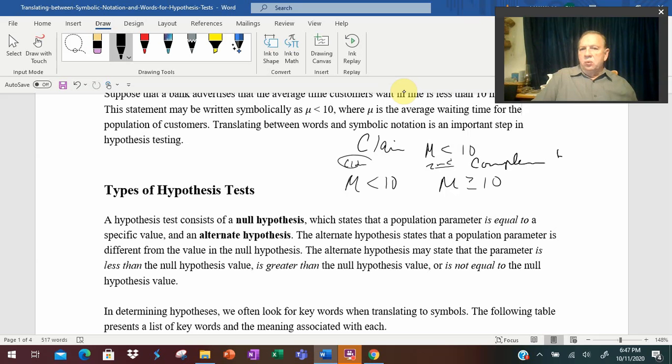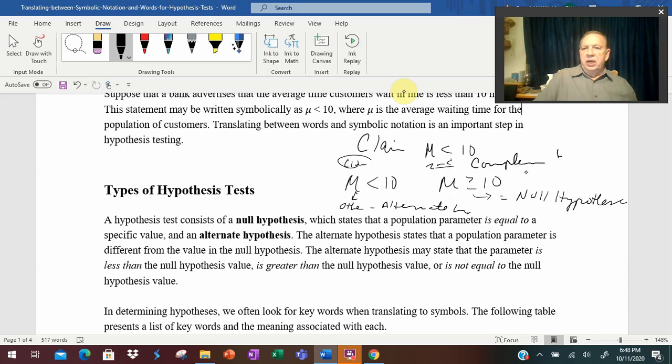But the one with the equals, if it has equals, I'm going to call it the null hypothesis. It may or may not be the claim statement. In this case, it's not. The other is the alternate hypothesis.